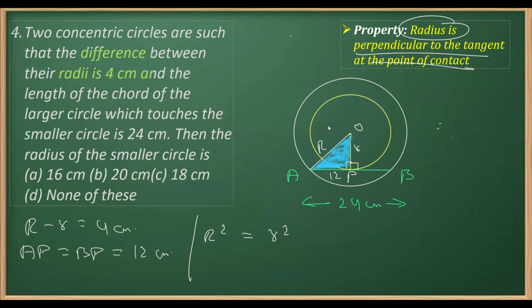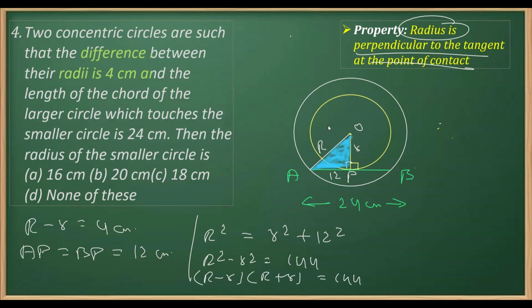The square of the hypotenuse is equal to the sum of the squares of the other two sides. Now I'll transpose this r square to the left hand side. So R square minus r square is equal to 12 square, that's 144. I can apply the property of a plus b, a minus b. So this is capital R minus small r, times their sum, equal to 144.